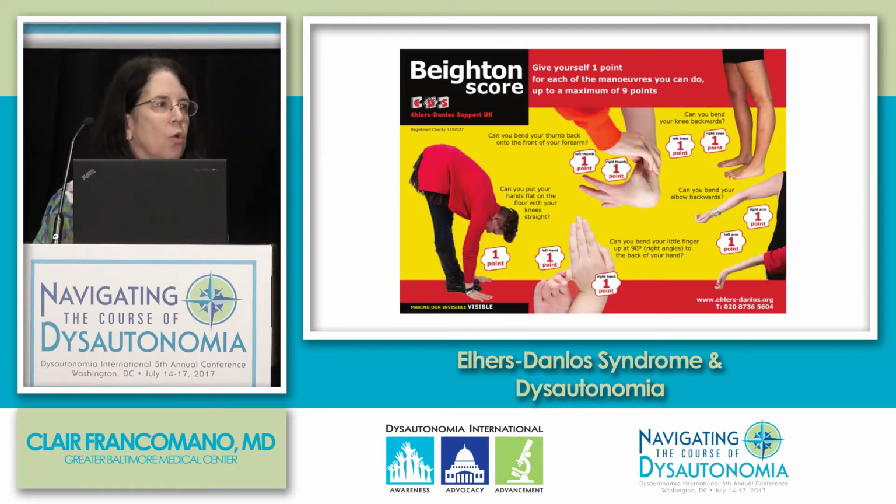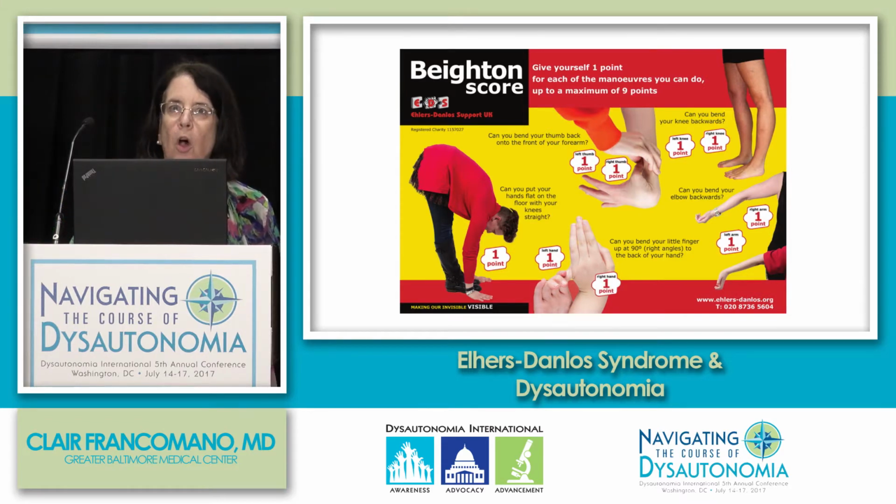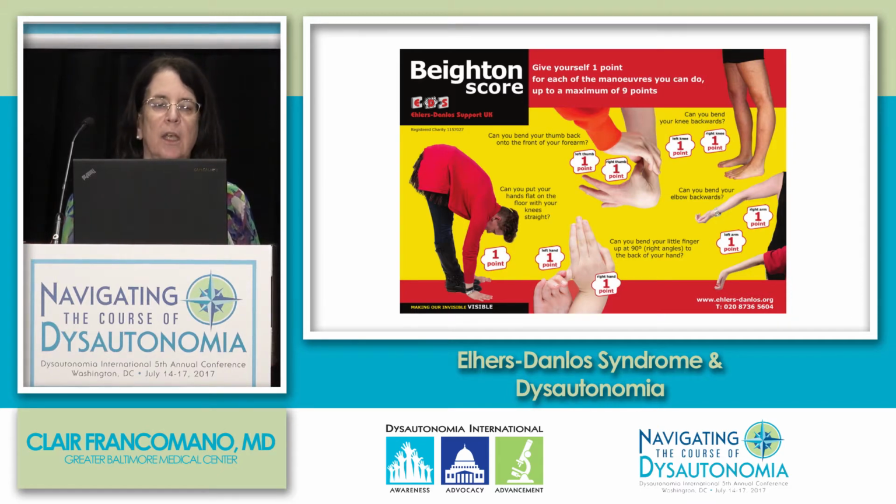Now, the Beighton score is relevant to all of the different types of Ehlers-Danlos syndrome because it is the measurement that we use to assess for joint hypermobility. I'll just go through this diagram, which comes from EDS UK, which describes how we assess the Beighton score.